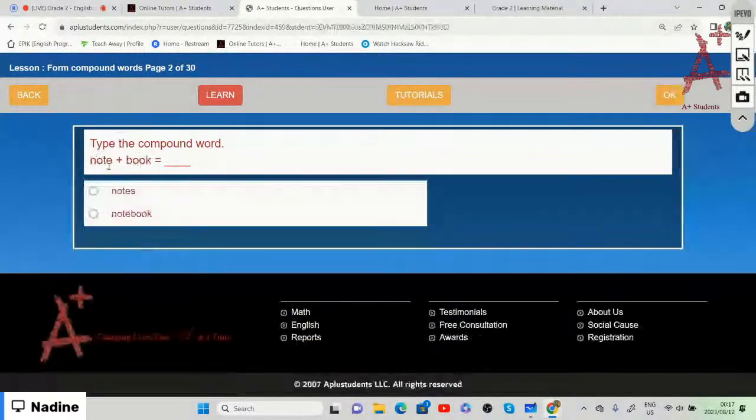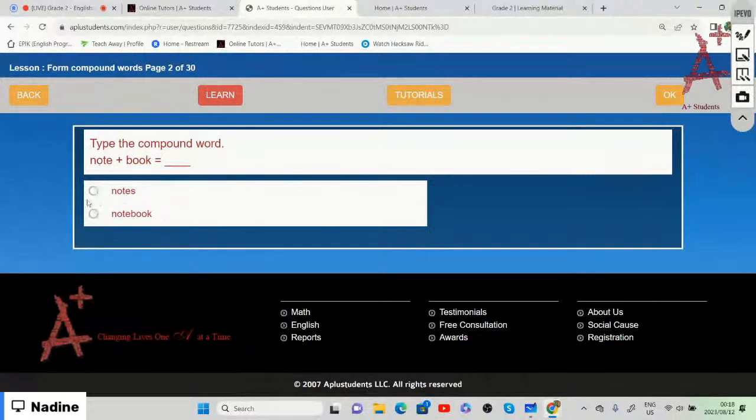Then we have note plus book. We need to put these two words together, right? Is it notes or is it notebook? We need to choose the compound word.